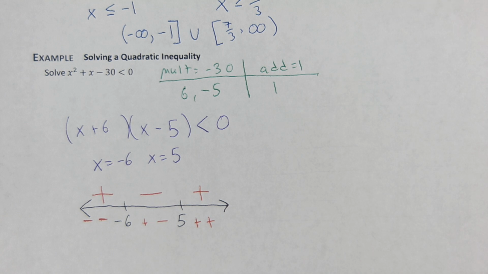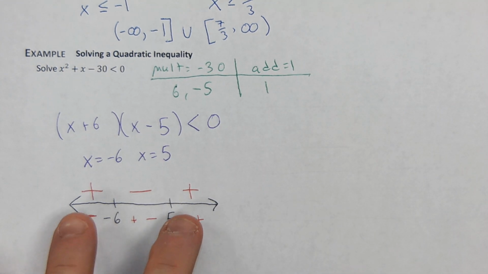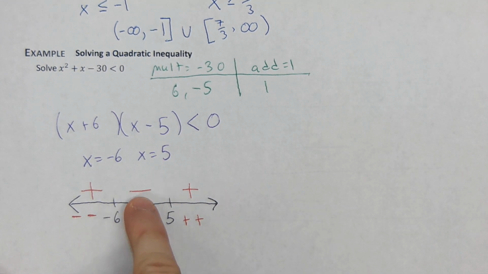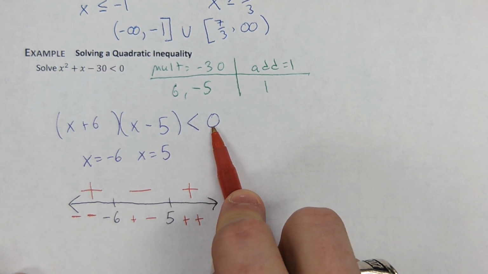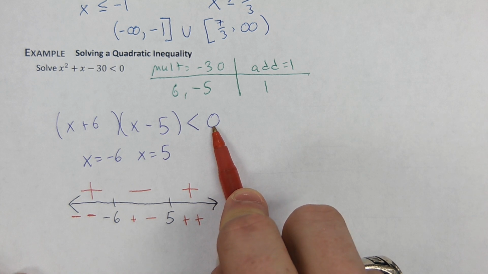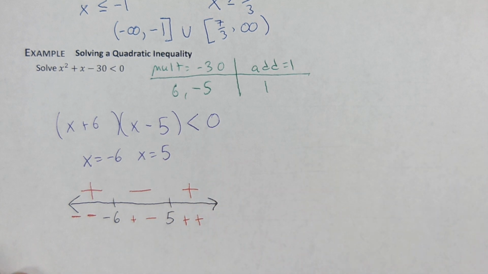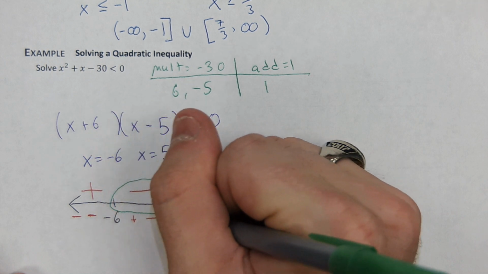And those y values could have either been positive or negative. You just figured out where your y values are positive and where your y values are negative. And we were on the hunt for numbers that are less than 0, aka negative numbers. Our negative numbers were found right here.